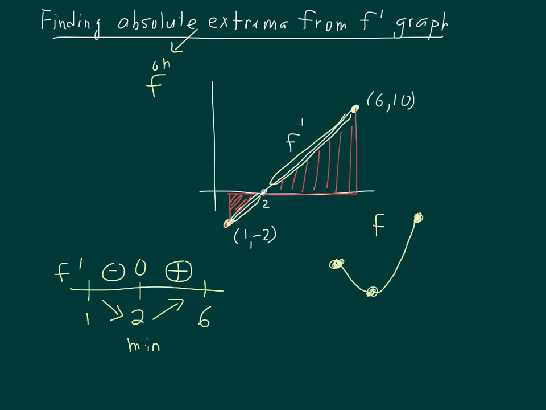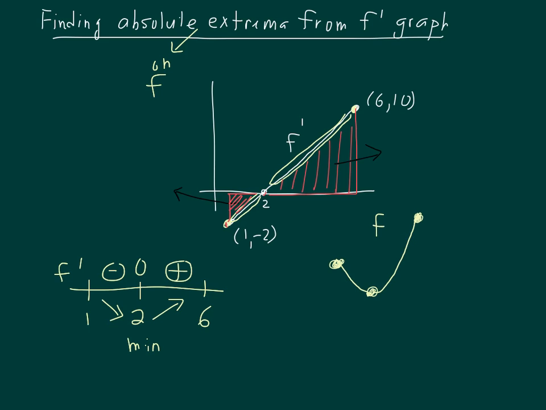But for now, notice that the region below is a lot less than the region above. So what this actually tells us is that it is going to be increasing longer than it is decreasing. So let's just jot down a few notes here.